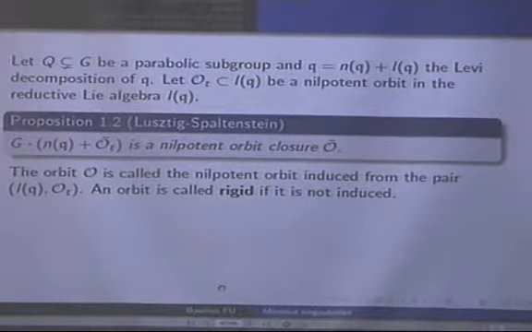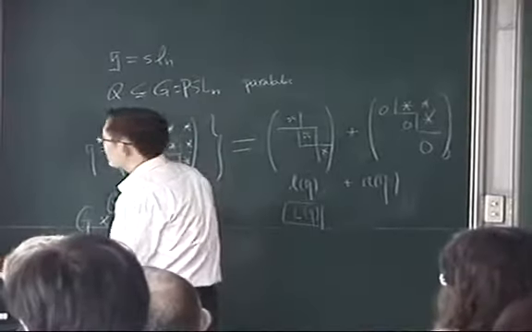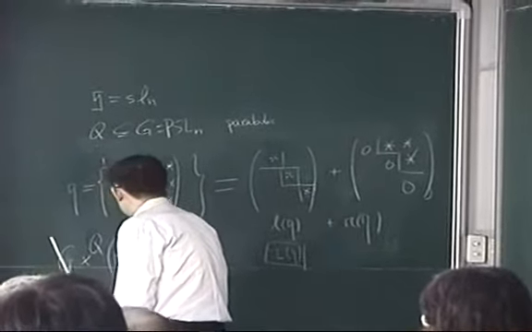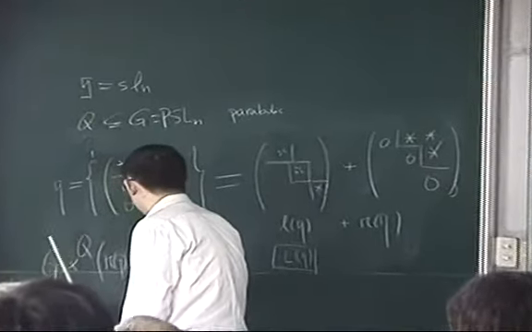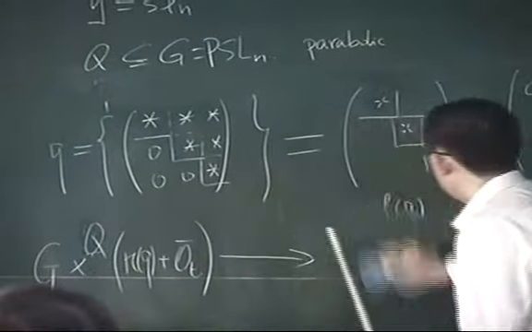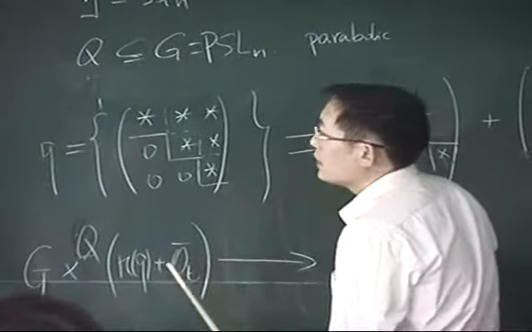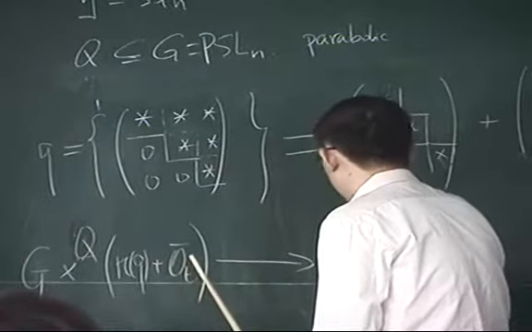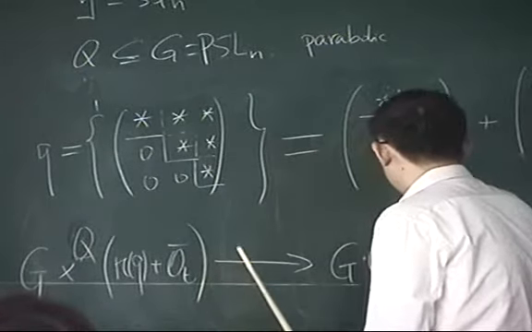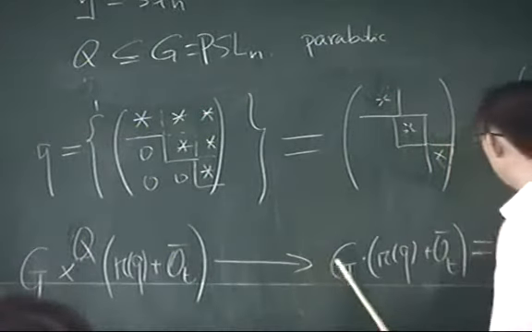From this, you can form the following map from G times over Q of N_Q plus the closure of O_L, to the closure of the G-action on this, which is O bar.